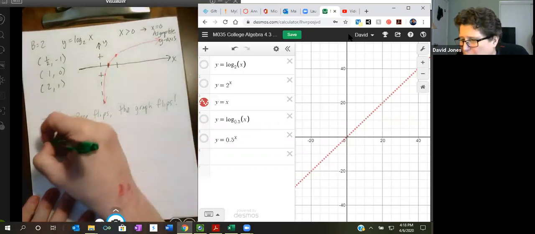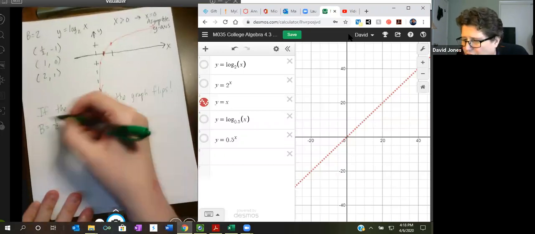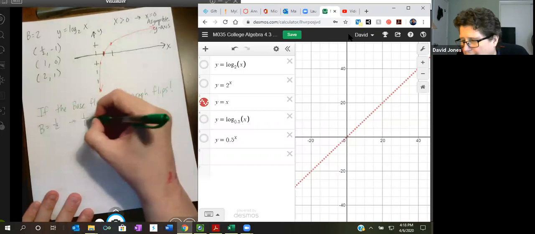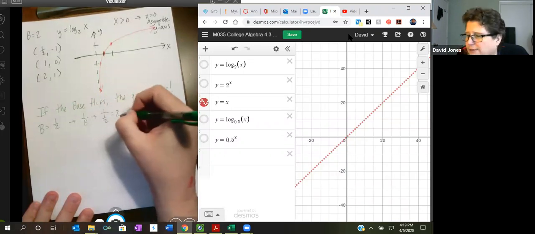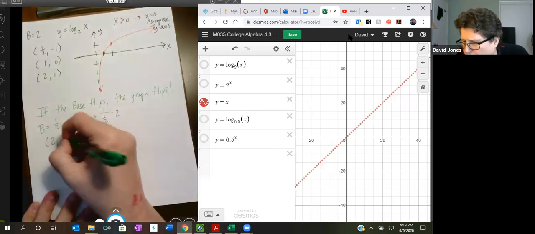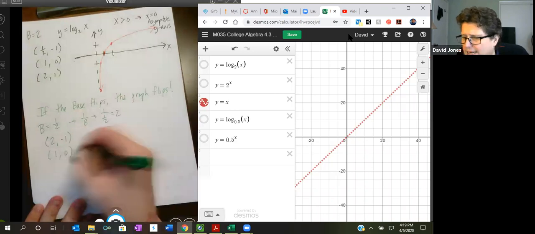Let's take a look at b equals 1/2. So 1 over b is 1 over 1/2, which is 2. So the point that goes with negative 1 is 2. 1, 0 is always there.